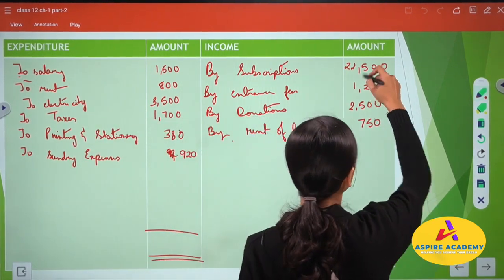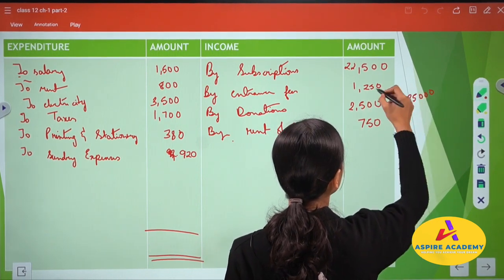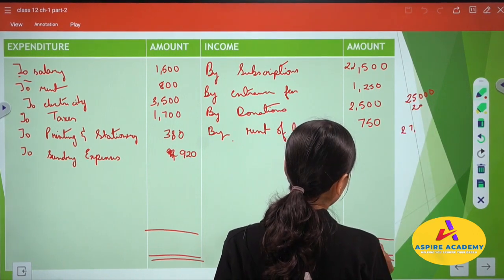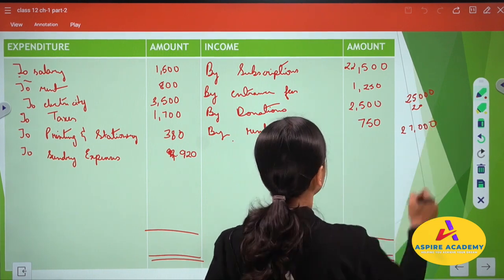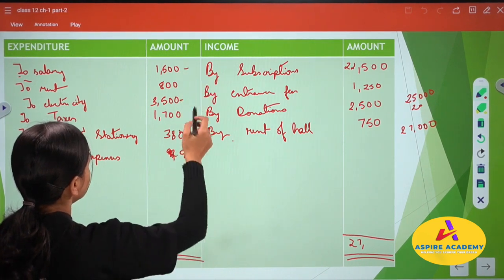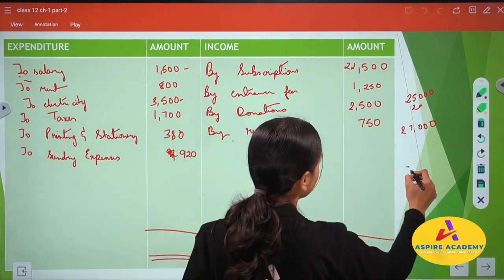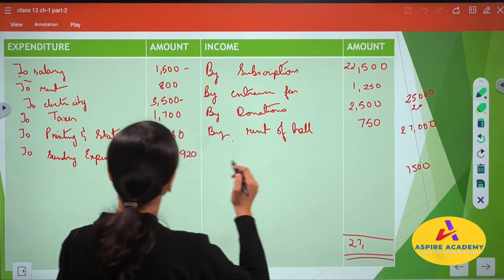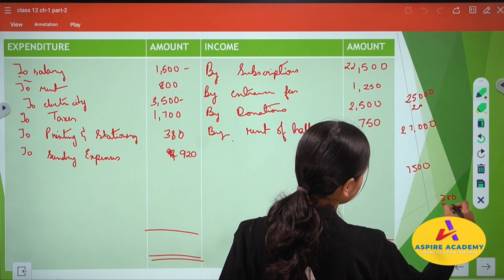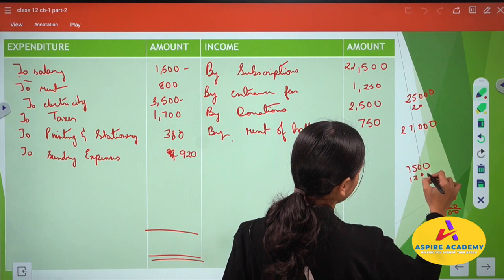So the total for this side is 27,000. Now for this side, add: this becomes 5,000, then 5,800, 6,800, 7,500, then 380 plus 920 means 1,300.